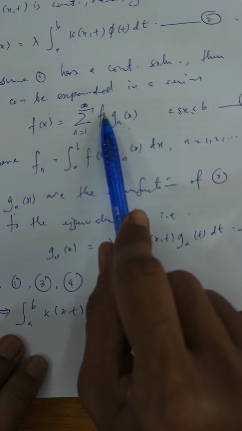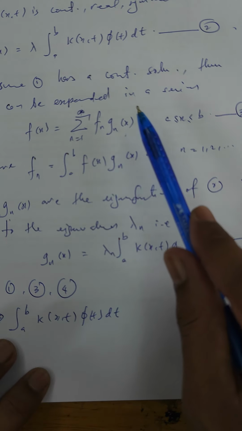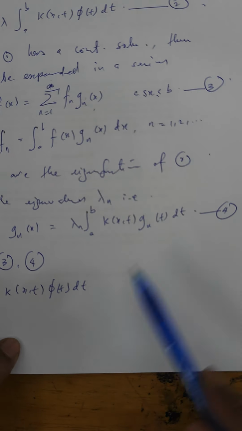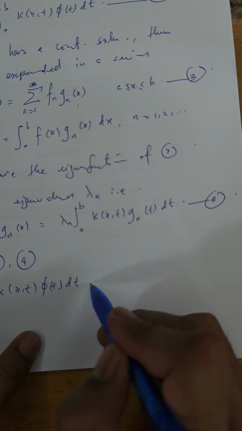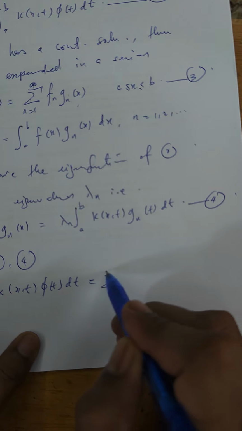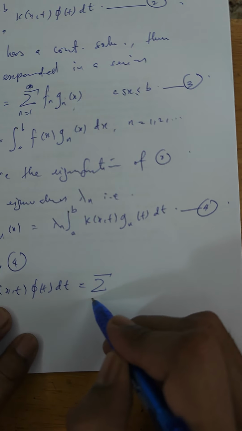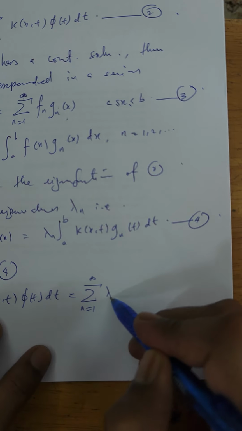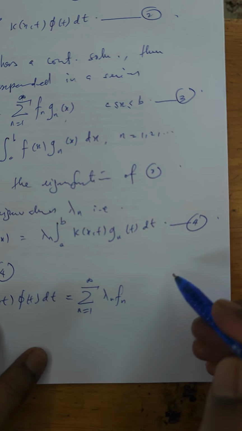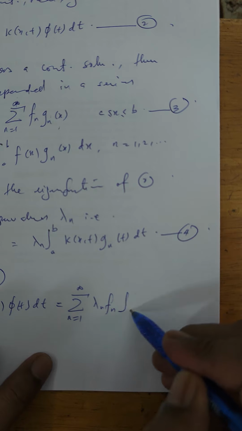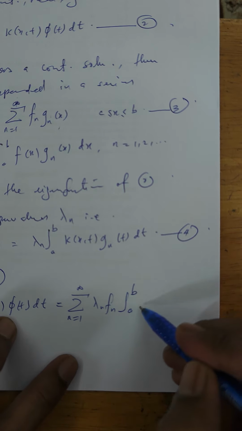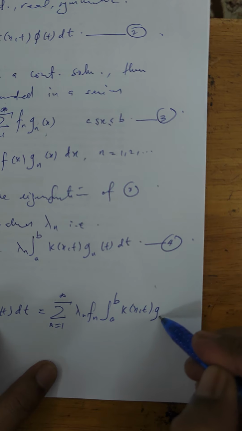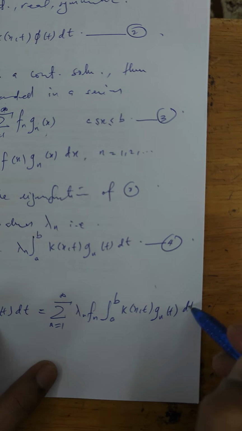Our f is given here, and then our g_n is given here. You can combine all those things, and this gives you the summation from n equal to 1 to infinity of phi_n f_n times the integral from a to b of k(x,t) g_n(t) dt.